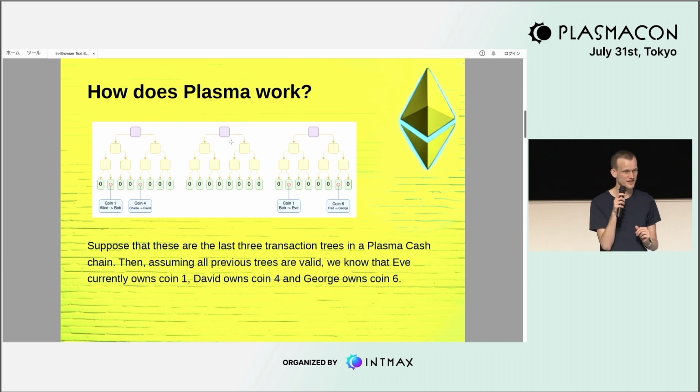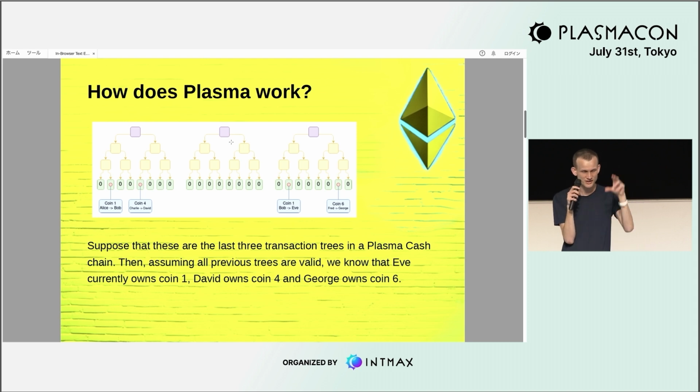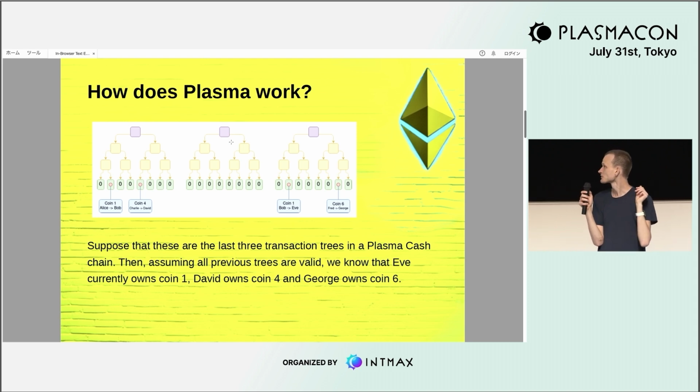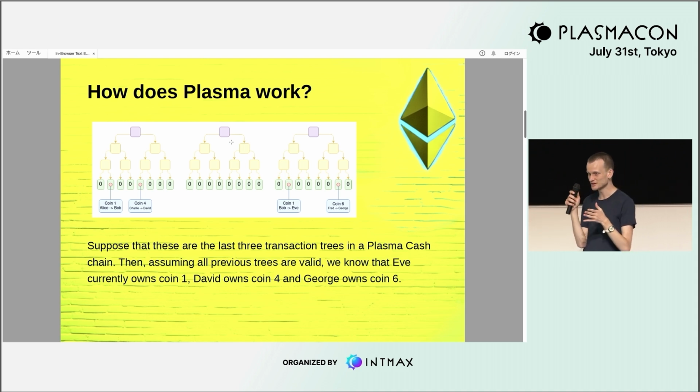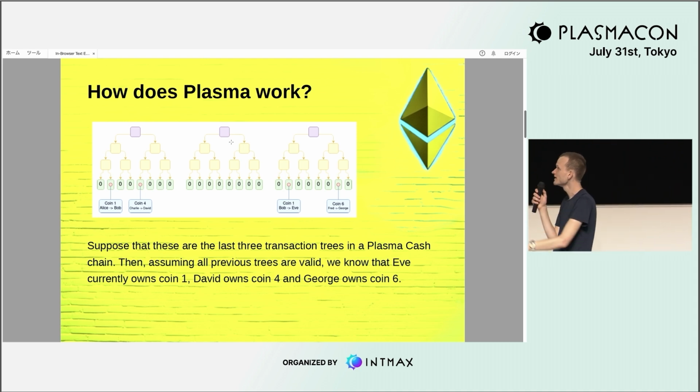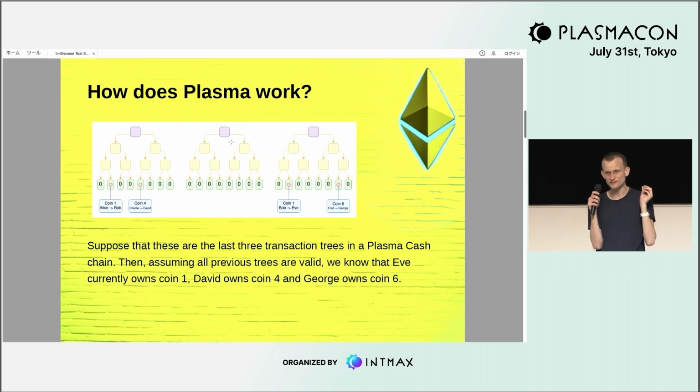Even if you have, let's say, 3 ETH, then each ETH becomes a separate NFT, and you have 3 NFTs. So every time there is a block, what happens in the block is you create this Merkle tree, and every NFT has an associated index, and at that position in the tree, if there is a transaction at that position, you put the transaction in the tree.